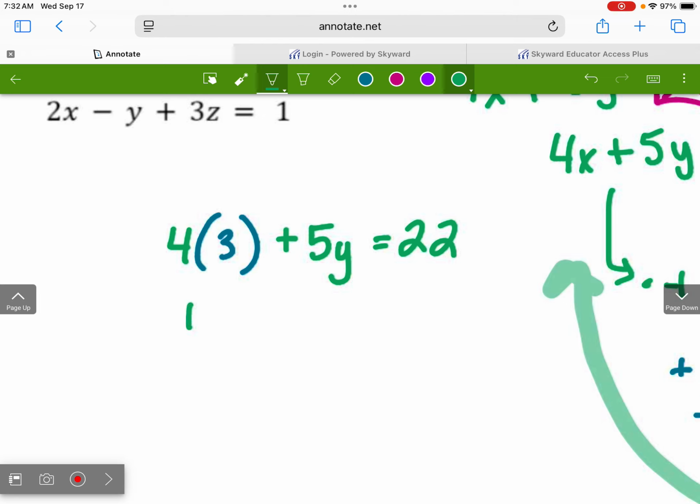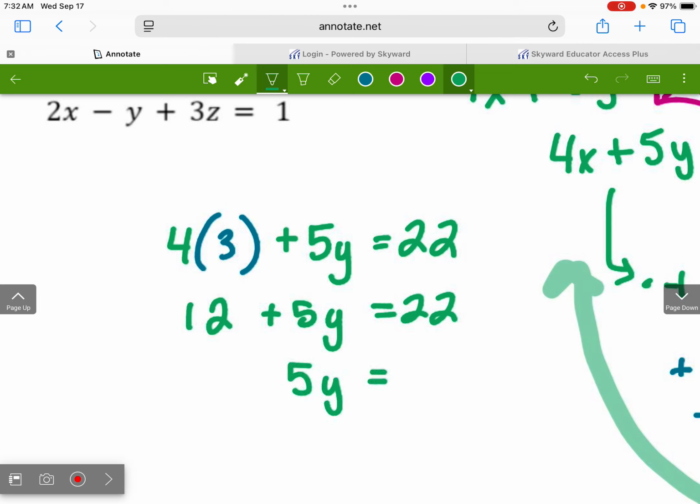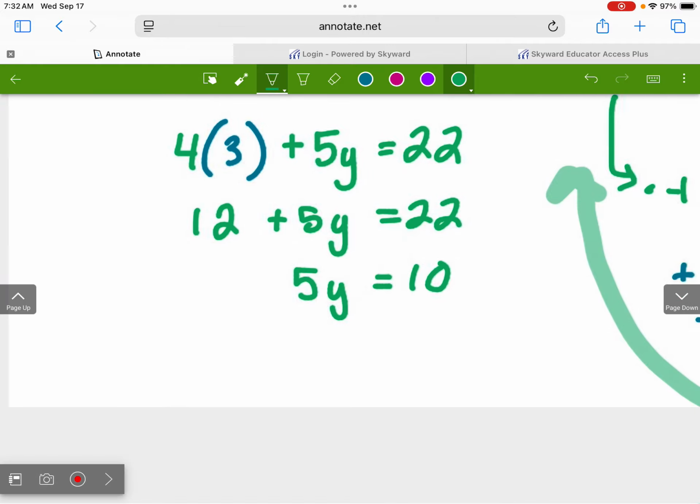Well, 4 times 3 is 12 plus 5y equals 22. We subtract 12 from both sides, we get our 5y equals 10. So what does y equal? Two.